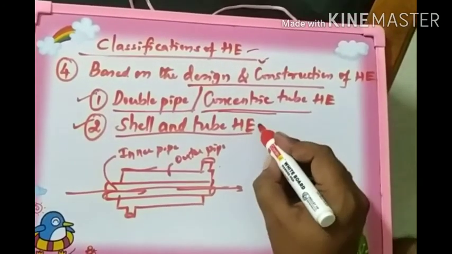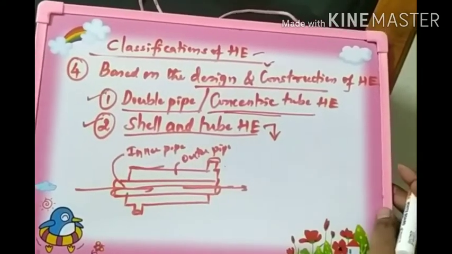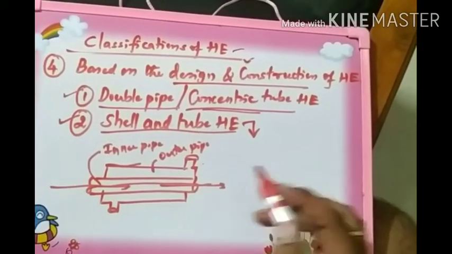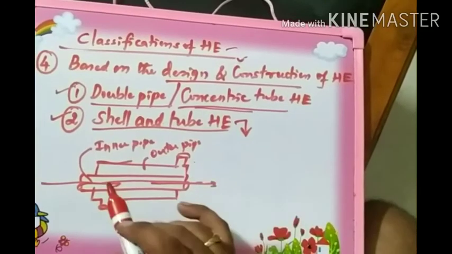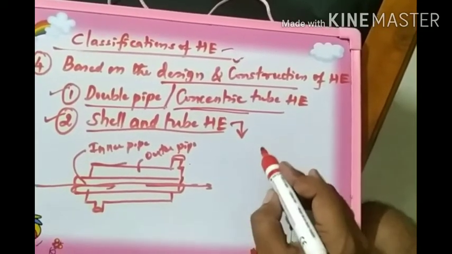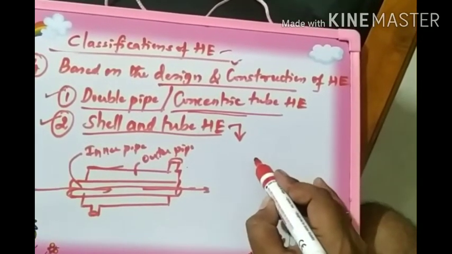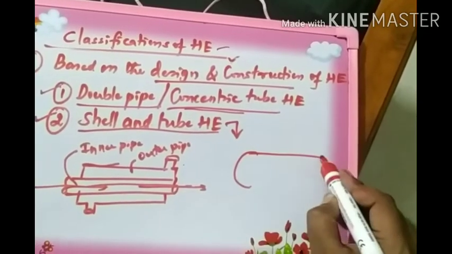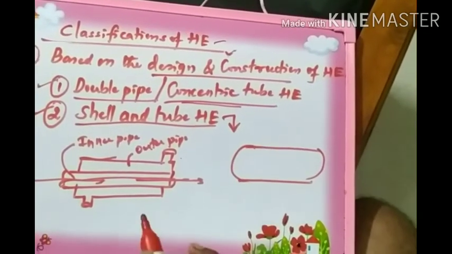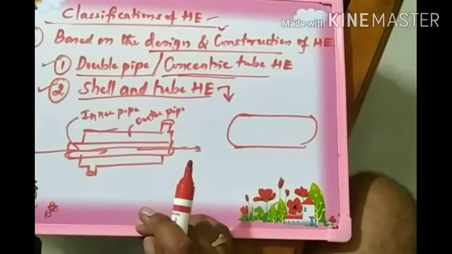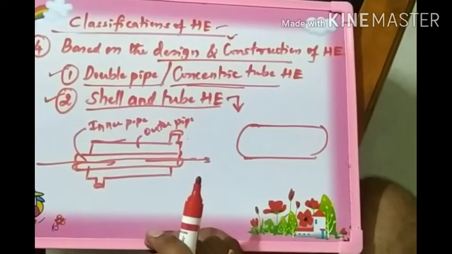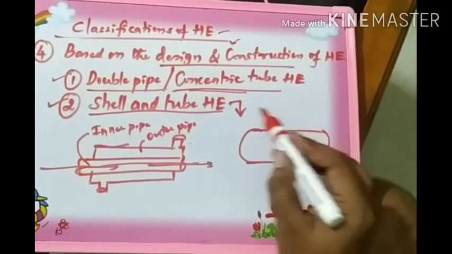Now the second one, we call it as shell and tube heat exchanger. As the name itself says, in this type of heat exchanger, we will be having a container called a shell like this. It might be cylindrical, spherical, or any other shape depending on the design. It's a hollow shell.